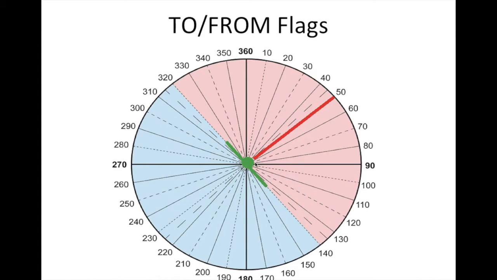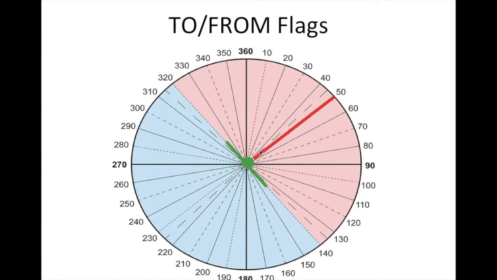If I am choosing the radial 050 as my radial of choice that I want to get on, for inbound or outbound, and your aircraft is anywhere in that pink region, which is 050 plus or minus 90 degrees, you will get a from indication on the VOR.